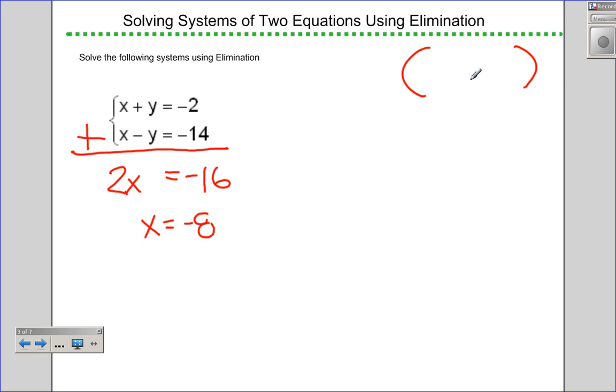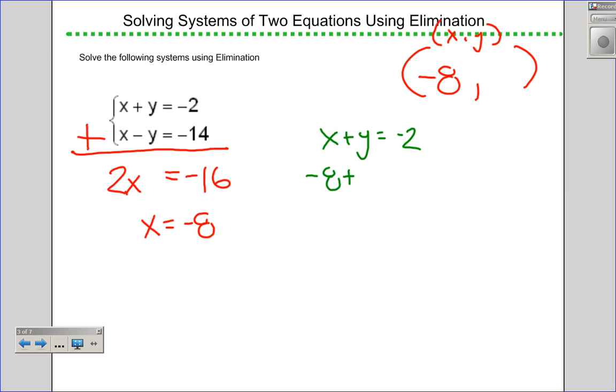I've got to set up my answer over here. x comma y is going to be my answer. So I have that x value of negative 8. Now I'm looking for my y value. I'm just going to choose the first one because it's plus over here and it's a negative 2, which is a little bit friendlier than negative 8. So x plus y equals negative 2.